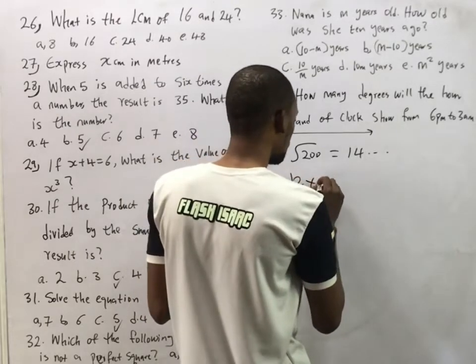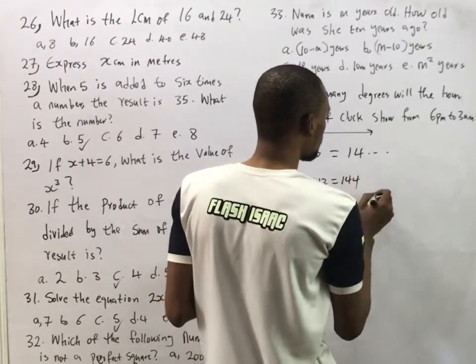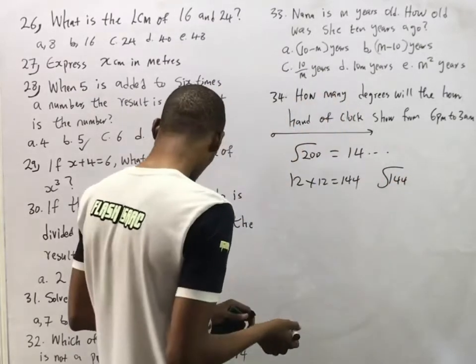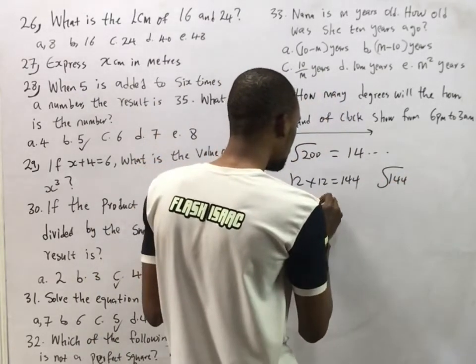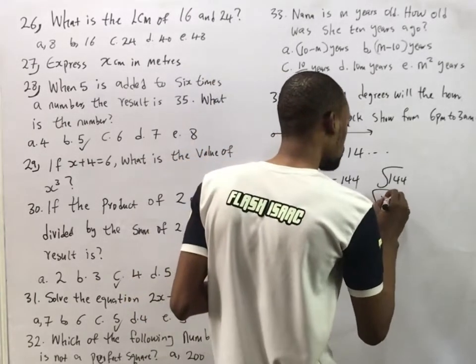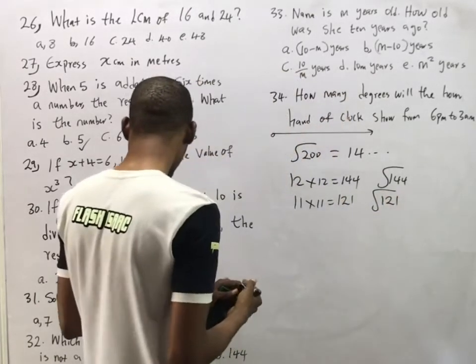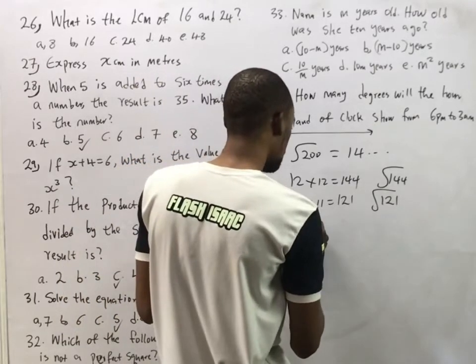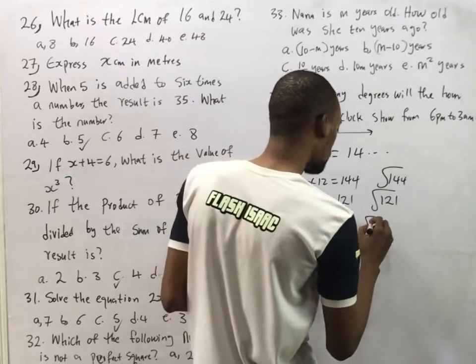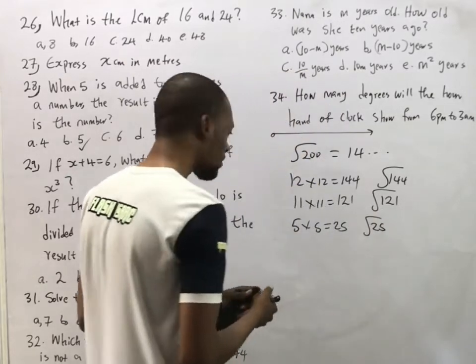Now 12 times 12 is equal to 144. This means that the square root of 144 is 12. 11 times 11 is 121. This means that the square root of 121 is equal to 11. 5 times 5 is 25. Therefore, the square root of 25 is 5.